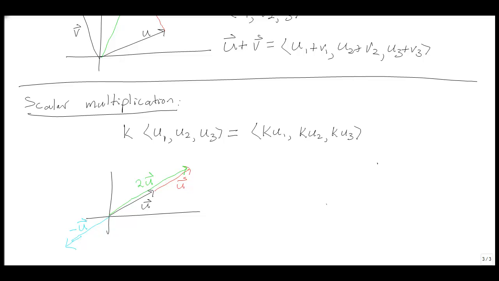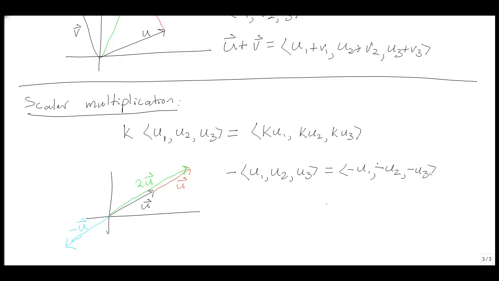So if I multiply by -1, it takes my vector and just points it in the opposite direction, 180 degrees in the plane, but something else will work in 3-dimensional space. From that, we could just say negative of u1, u2, u3, just the vector where I do the opposite of each of the coordinates: negative u1, negative u2, negative u3.